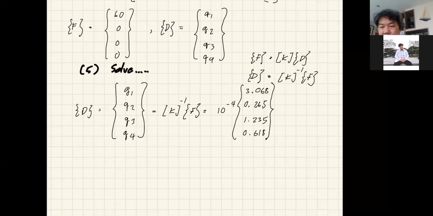Okay, so now if you want to know what is the force that is acting on your member, we're going to have to reassign these displacements back to the stiffness matrix of each member. Remember we have the code, right? And we have the stiffness matrix for each member. You can go back and see this.